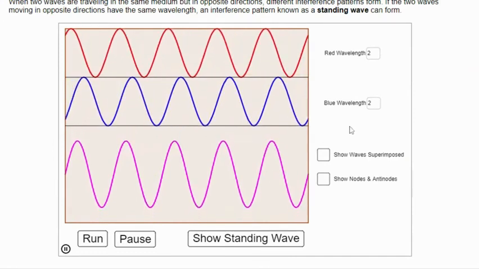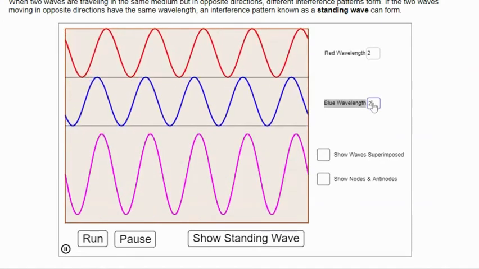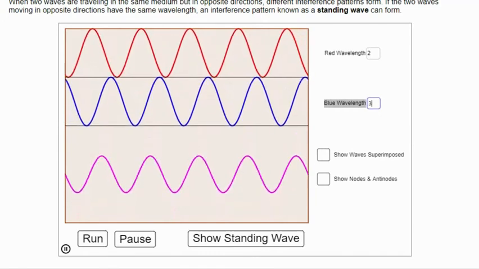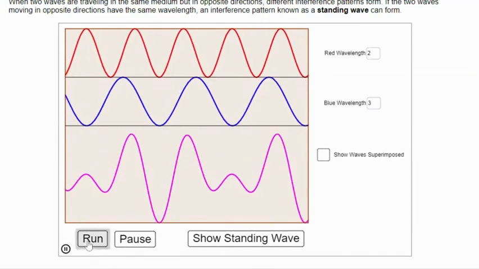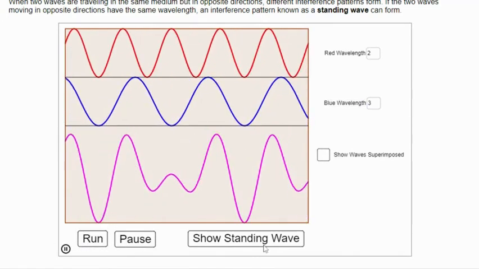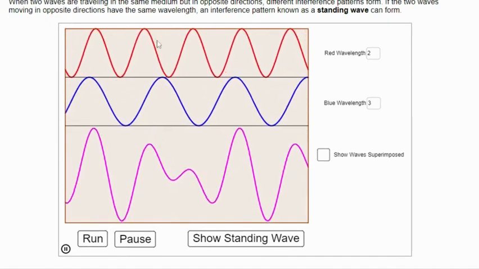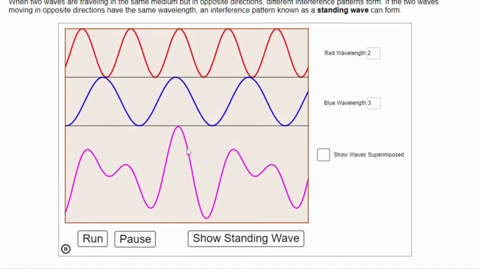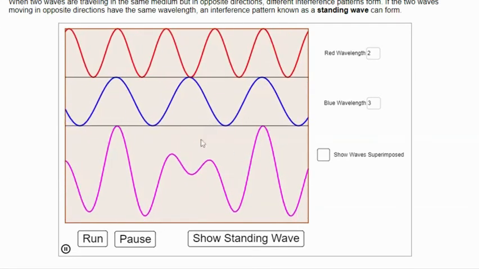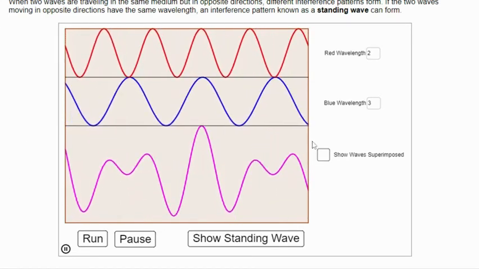When they were different, what was going on down here was kind of chaotic and unpredictable. I mean, you could predict that two crests would make a bigger crest, and so forth. But it's kind of a mess.